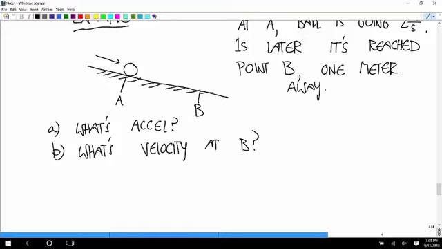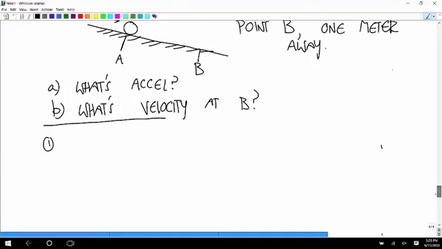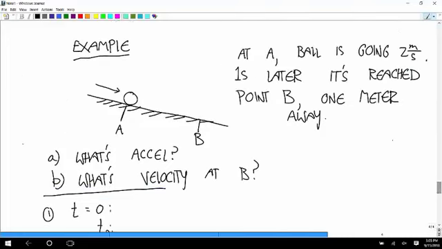Okay, so let's just go through all the steps. So step one, we have to make those choices. First, let's do the times. Time equals 0 and time final. So what do we want to call our time equals 0?